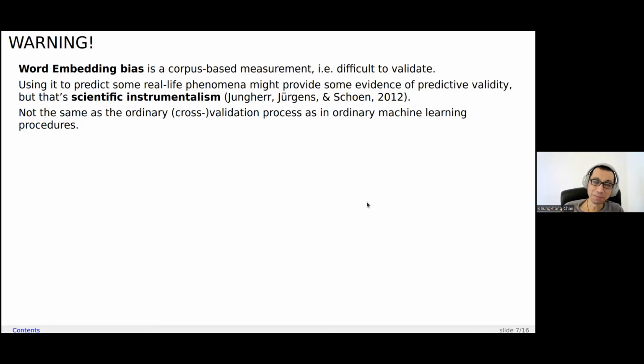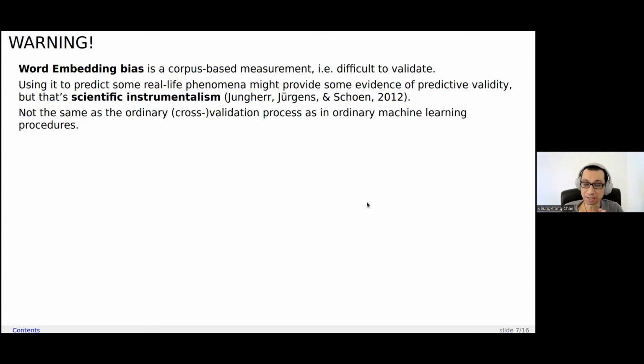It is not very similar to the ordinary machine learning procedure. The ordinary machine learning procedure is cross-validation. So we have some coders code the documents based on a coding scheme, and then see the differences between the machine learning prediction and the human coding.